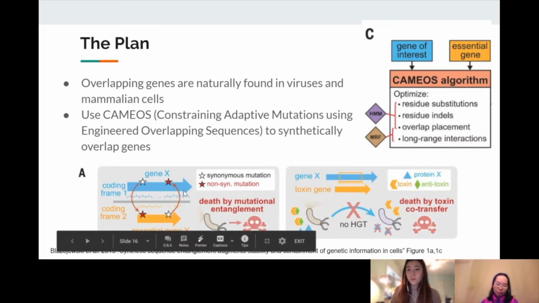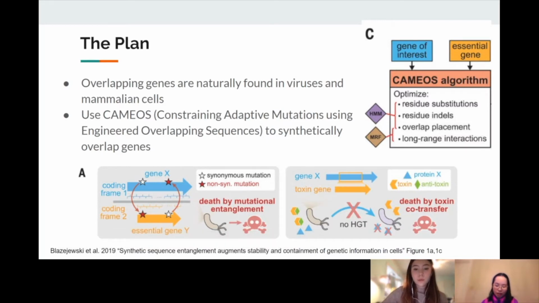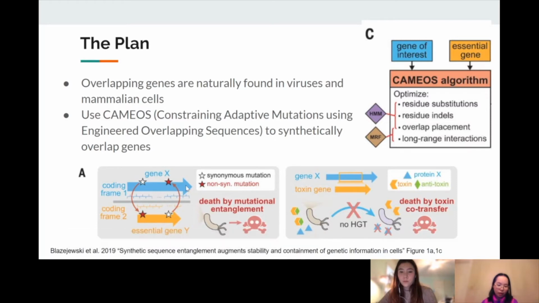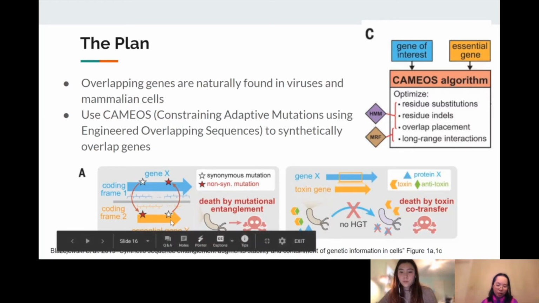Now, why would you want to do that, right? So this project is a biosecurity mechanism. If you can overlay, let's call gene X your target gene, with an essential gene, an essential gene is a gene that if it mutates, then the organism will die.